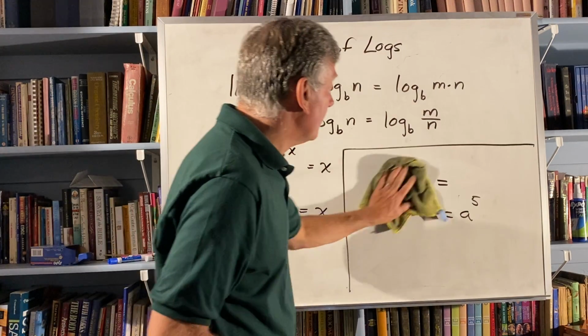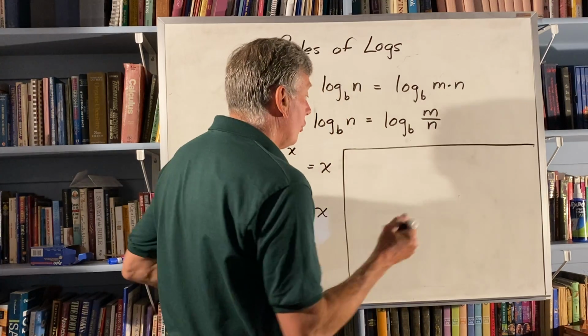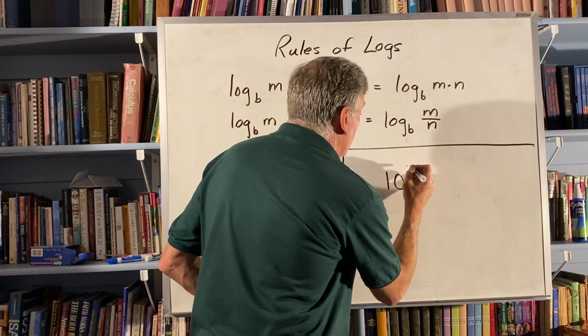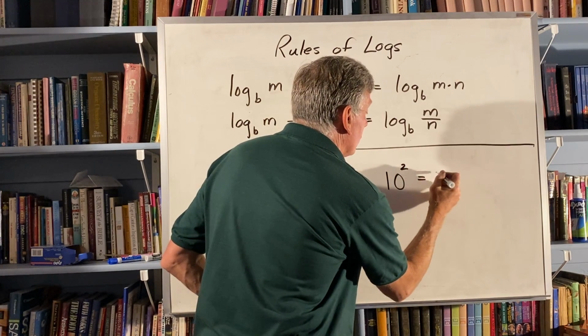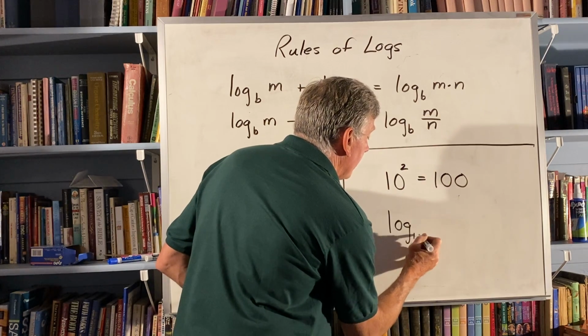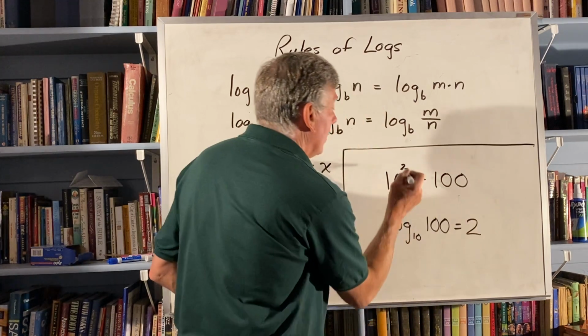Now couple that with what I showed you was that 10 squared is equal to 100. The log base 10 of 100 is 2.